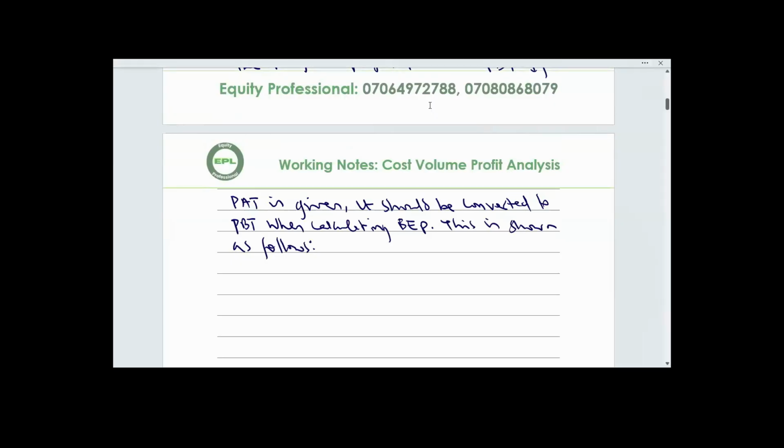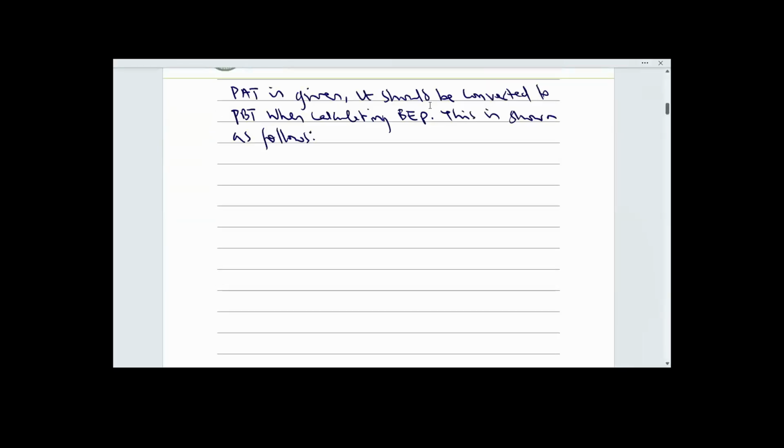So how do you do this? Two different formulas you can use. Let me call it number 5 formula now.